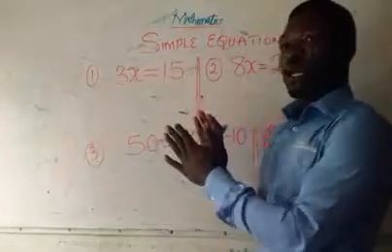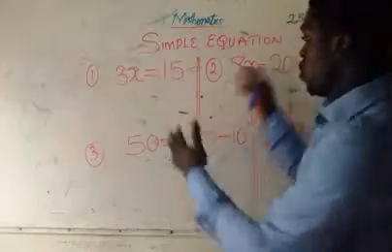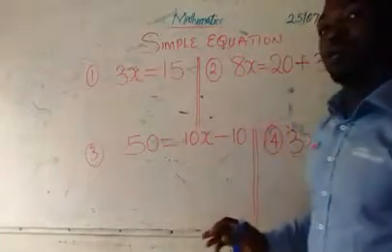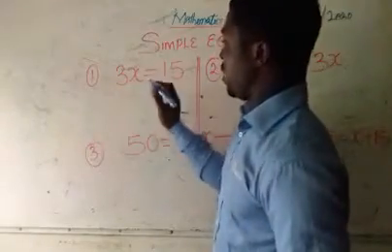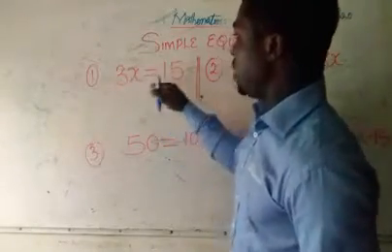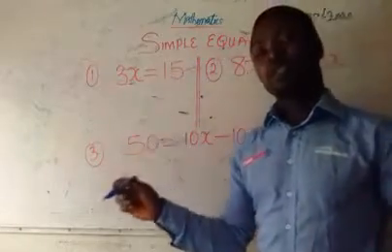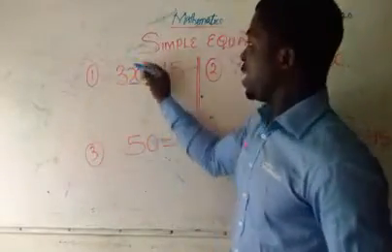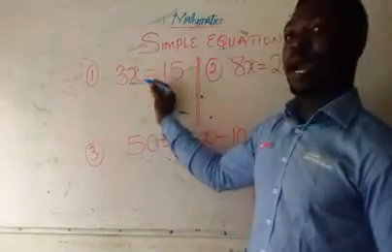But let's do it in a more methodical way, as we will apply to the other questions. What you will simply do is divide both sides by the coefficient of x, which we are looking for. And what is the coefficient of x here? It is simply 3. So we are going to divide both sides by 3.